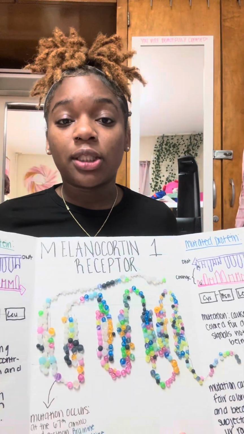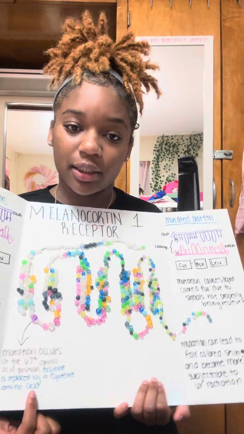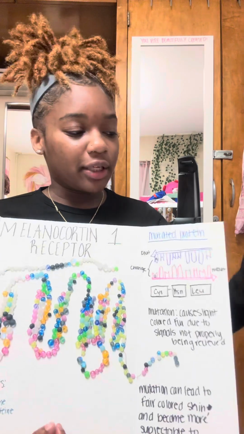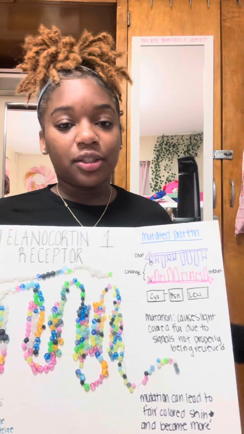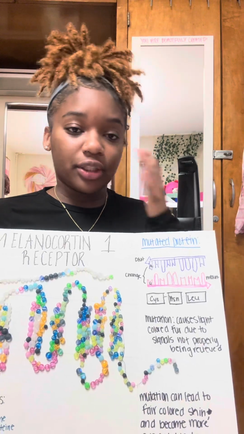The mutation of arginine to cysteine at the 67th amino acid results in fair-colored skin. The fair-colored skin also makes you more susceptible to UV radiation damage and other skin conditions.